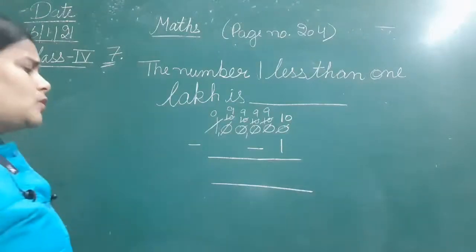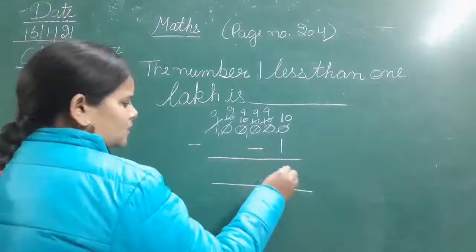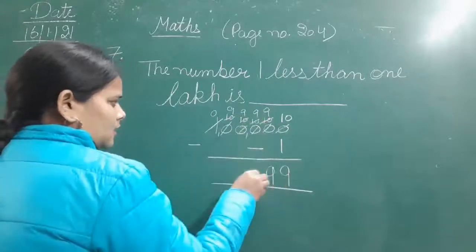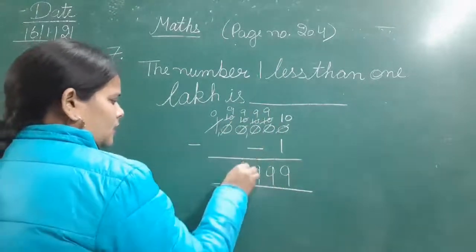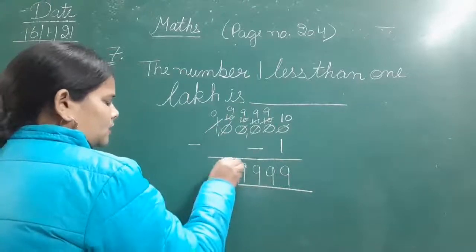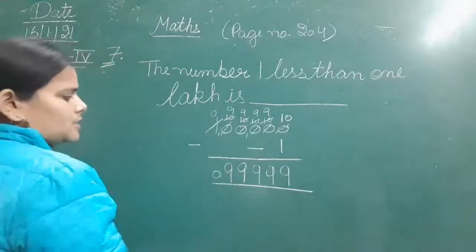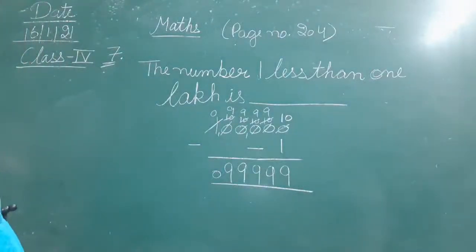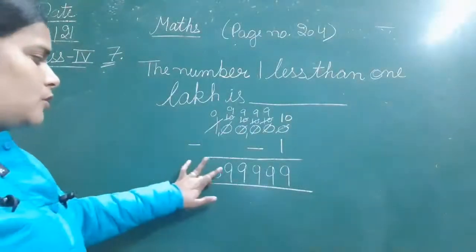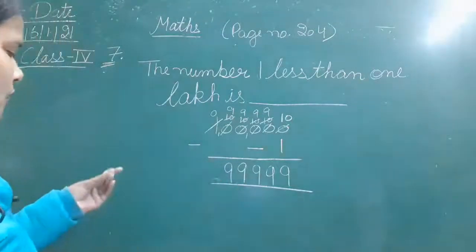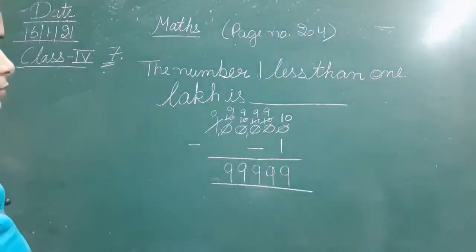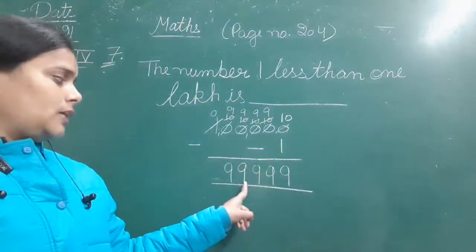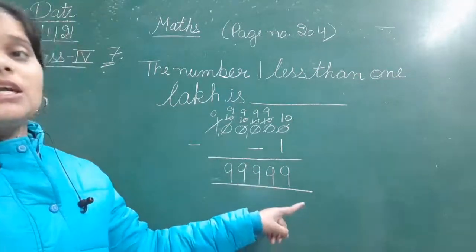Let's subtract 10 minus 1, that is 9. 9 minus nothing is 9. Next 9, 9, 9 and 0. So that is 99,999. If you want to write 0 you can, and if you don't, you need not.